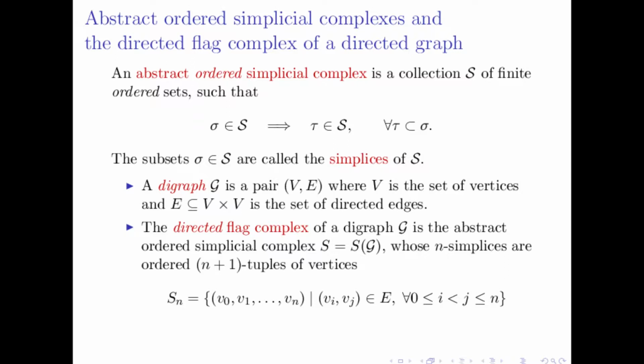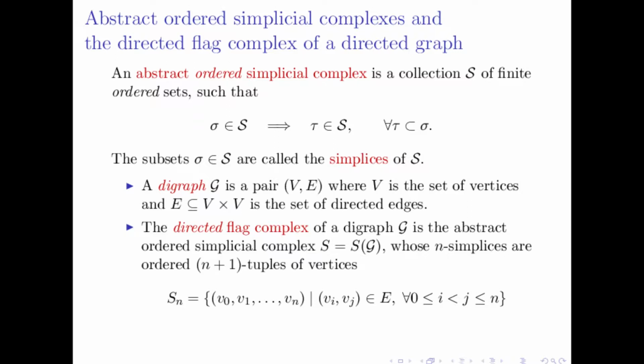So first of all, an abstract ordered simplicial complex, which is kind of a variation of just a simplicial complex, is a collection of finite ordered sets, such that if sigma is in S, then for every ordered subset tau of sigma, tau is also in S. That's all. So it's a straightforward concept.